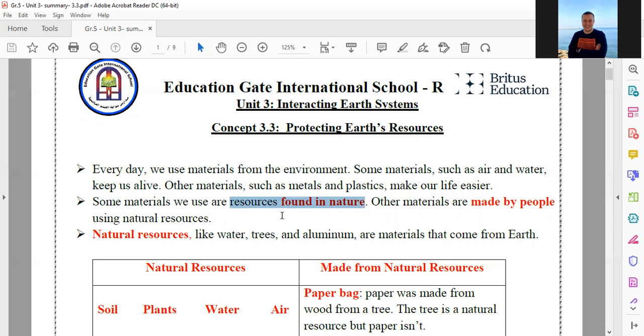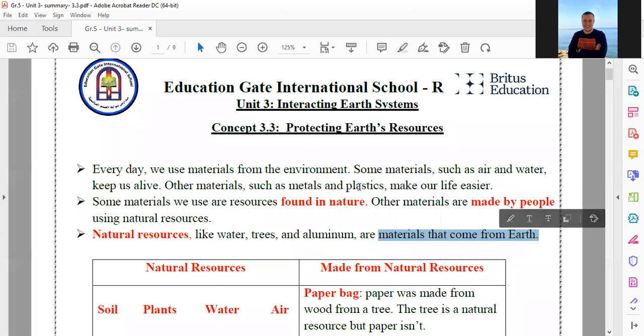The people take some materials from the environment and mix them together in a special way and in special industries to make other things that we can use. So the term natural resources, like water, trees, and aluminum, are materials that come from Earth. It is already there.